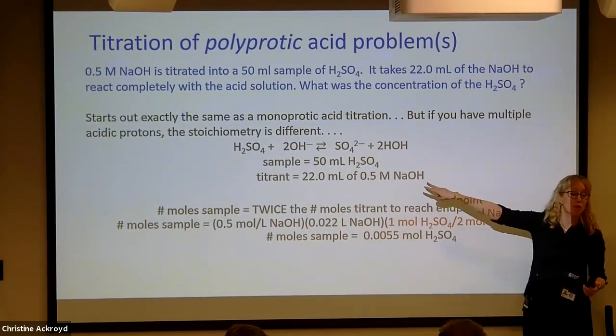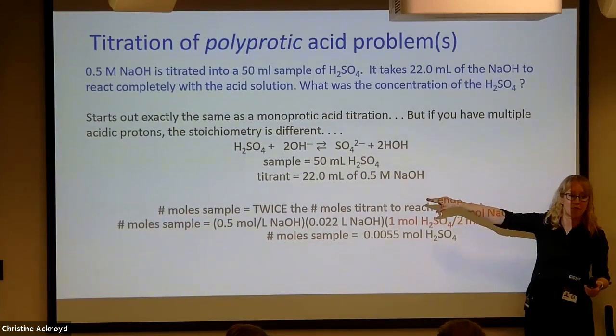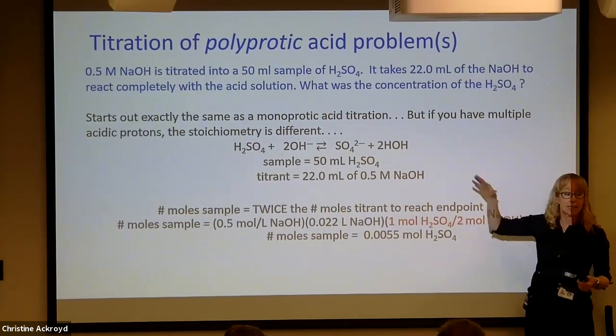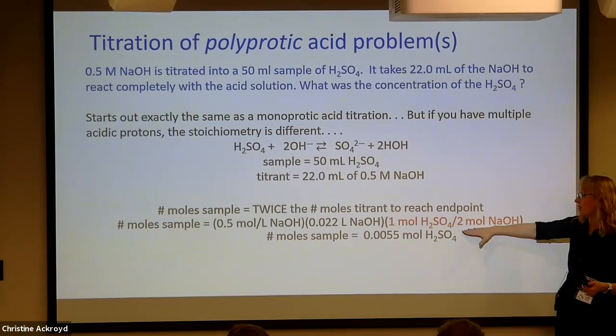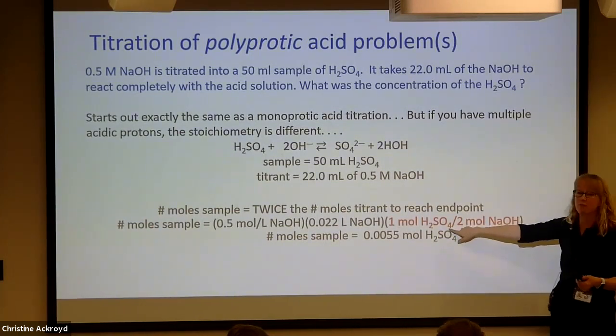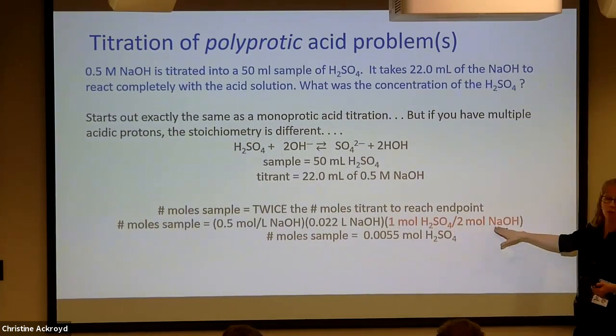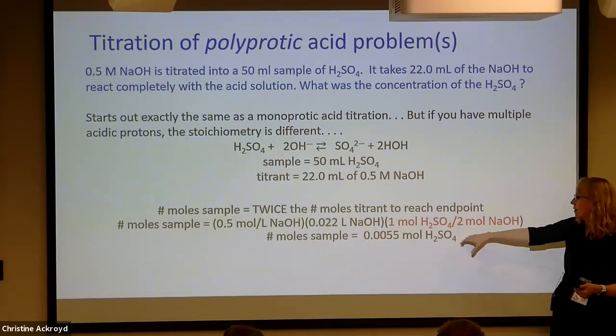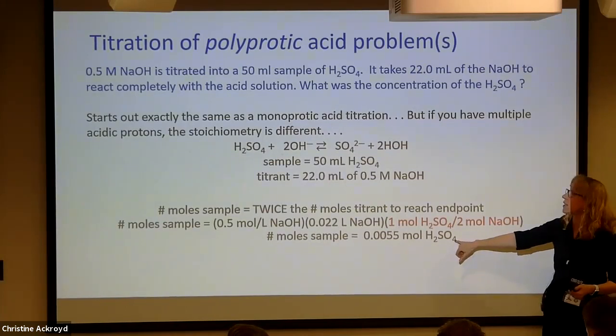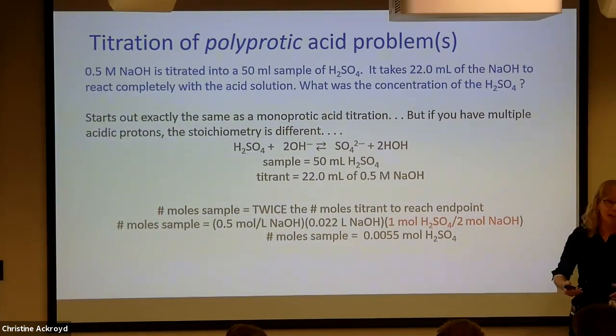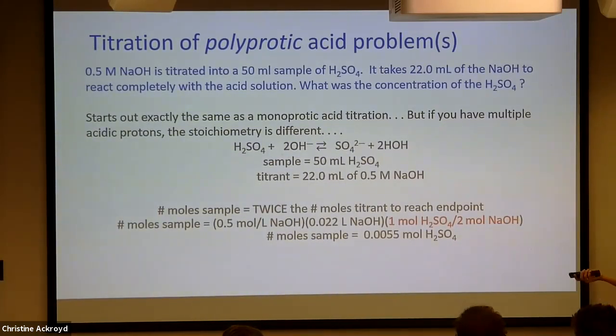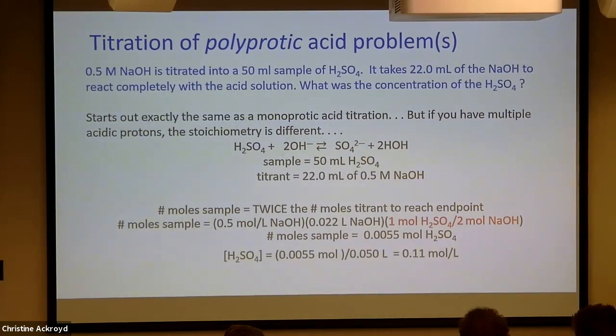But now the stoichiometric ratio isn't the same for the sodium hydroxide and our starting acid, and we have to correct for that. So we say there's 1 mole of H2SO4 for every 2 moles of sodium hydroxide, right? That gives you the number of moles of acid. If it wants the concentration of the acid, what do we do? Divide by the number of liters.